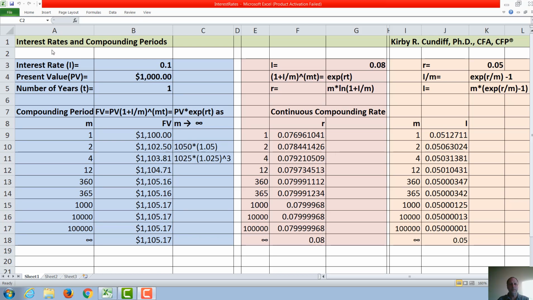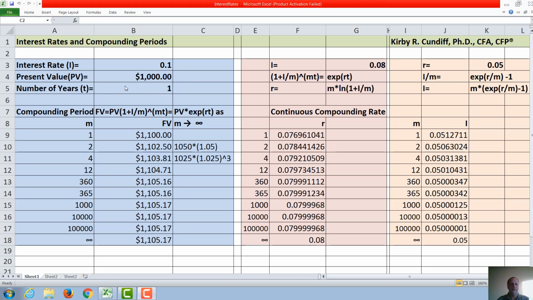In this video, we will discuss interest rates and compounding periods. We will start with the example of an interest rate of 10%, a present value of $1,000, and we will look at just a one-year time period.